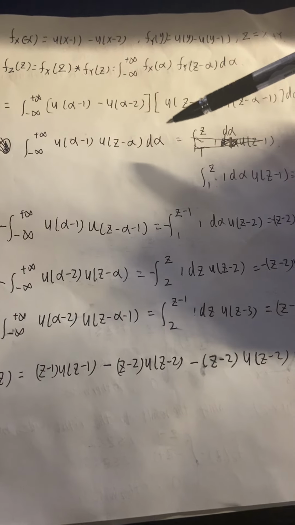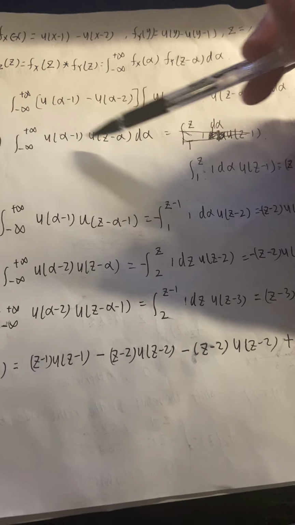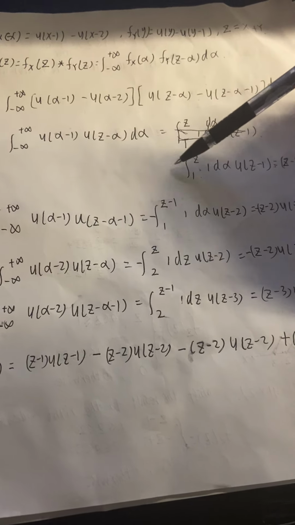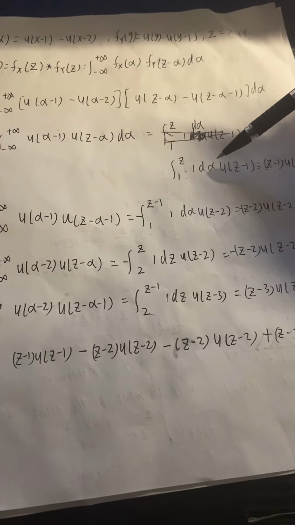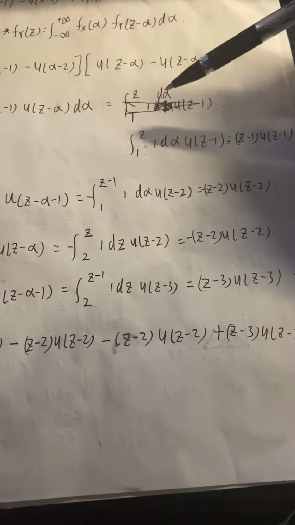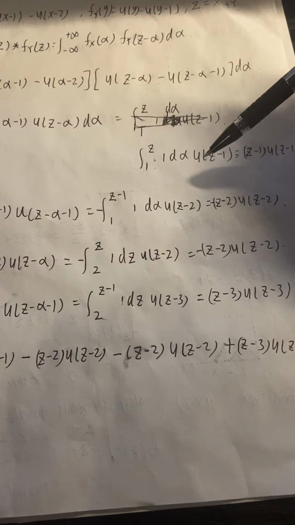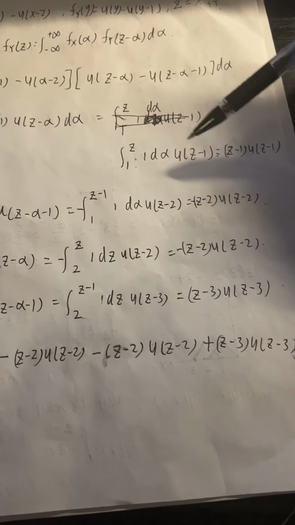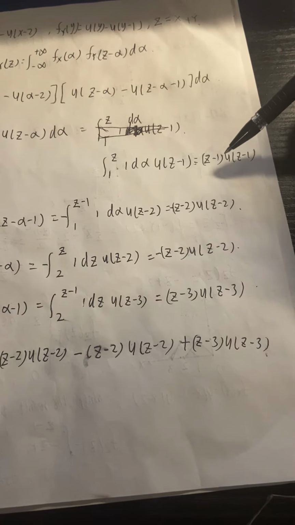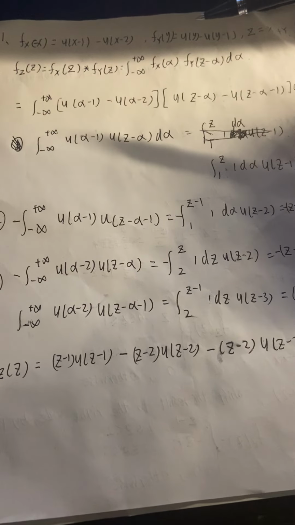For this integral, the lower bound is 1 and the upper bound is z, and the step function is upper bound minus lower bound, which is u(z-1). So the result will be (z-1) times u(z-1).